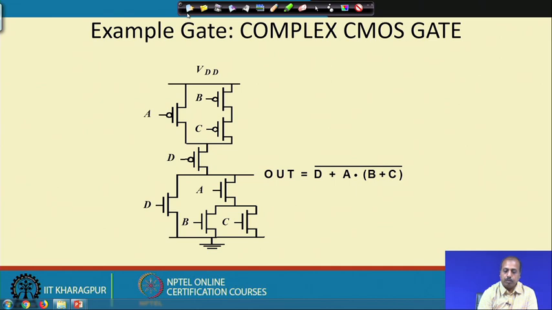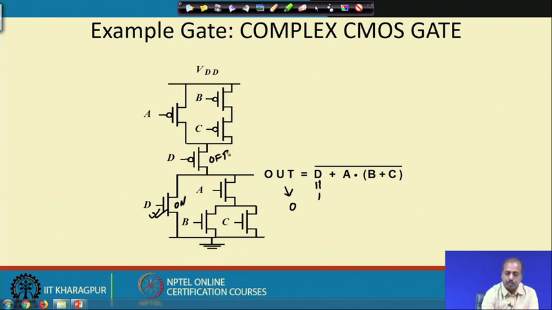Now, just to get the confidence that this circuit really realizes the function we are looking for, for example, in this case if D is equal to 1, then the output will be equal to 0. Let us see whether this happens. If D equals 1, this transistor is on and this transistor is off.